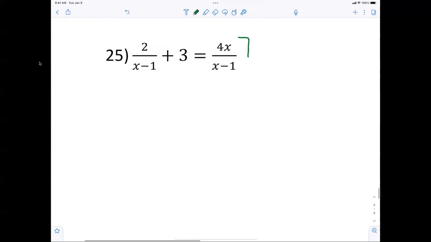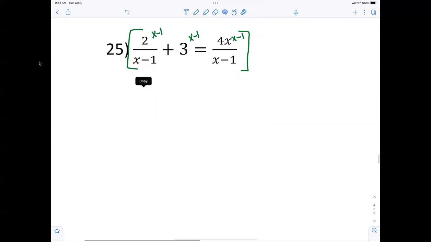25, come on. Multiplied by x minus 1. Right, so we put x minus 1, x minus 1. So what am I left with? 2 plus 3x minus 1 equals 4x.